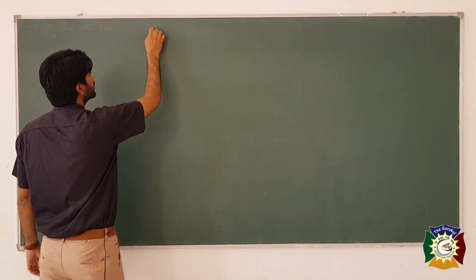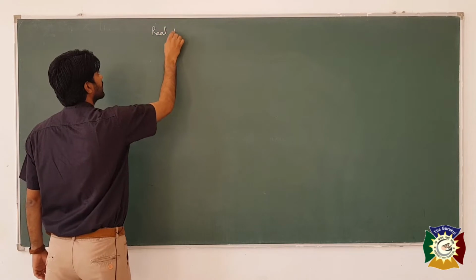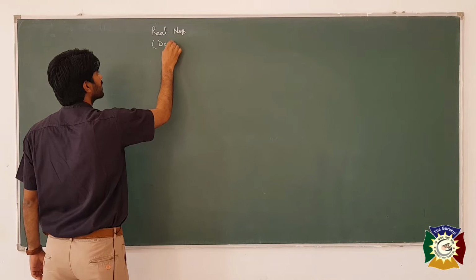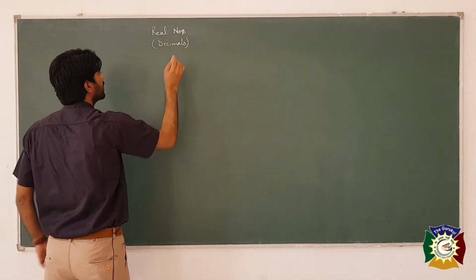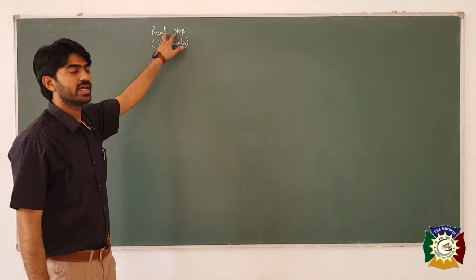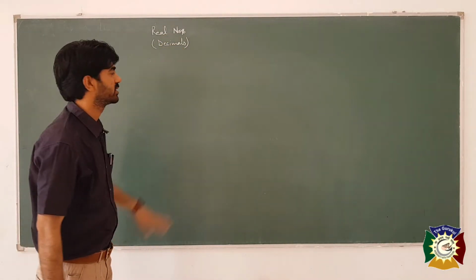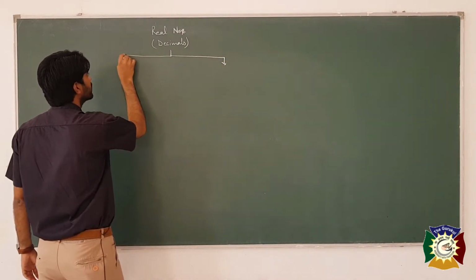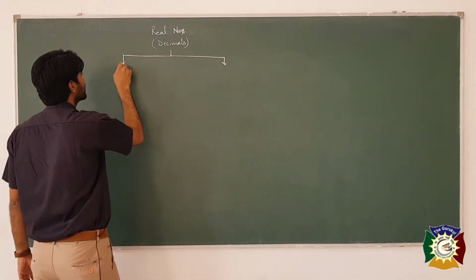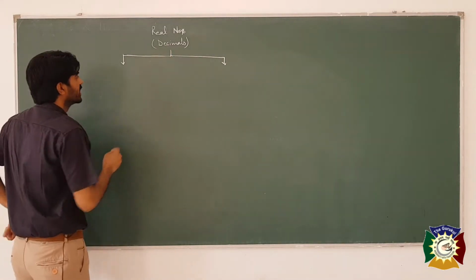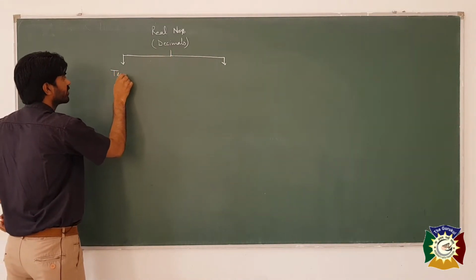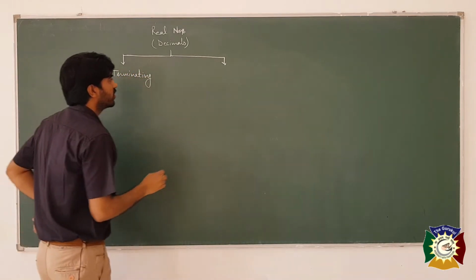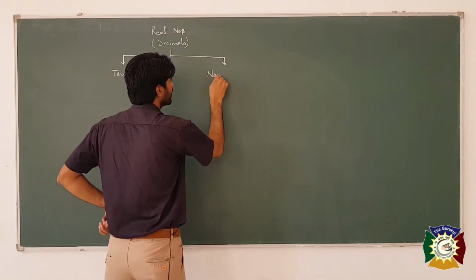So look here, real numbers, it means they are decimals. All real numbers can be explained in decimals. Then we have 2 categories, that is, decimals can be terminating or they can be non-terminating.